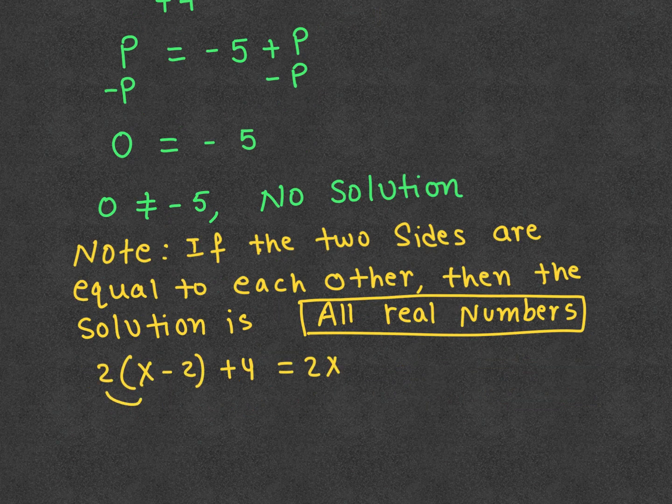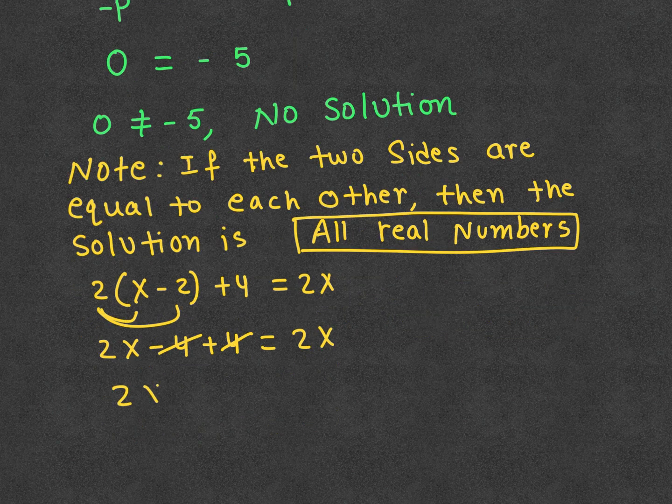For example, if we solve this by distribution and we get 2x equal to 2x, when we subtract 2x from both sides, we get 0 equal to 0.